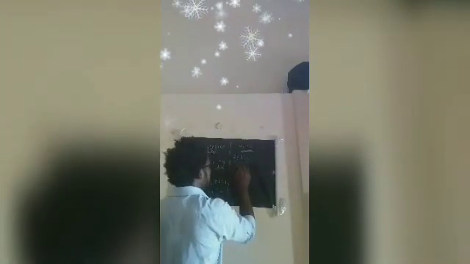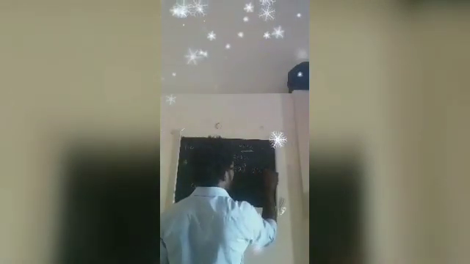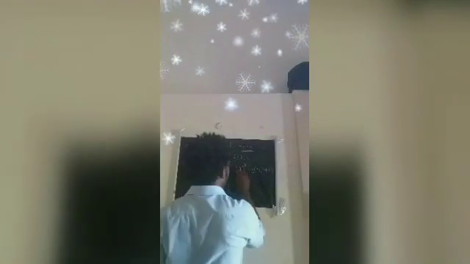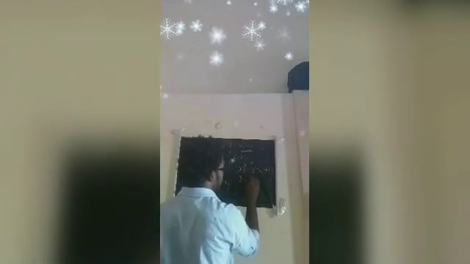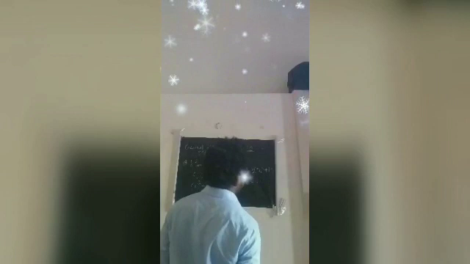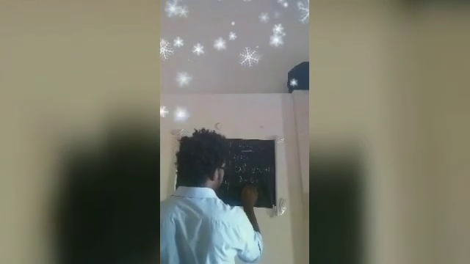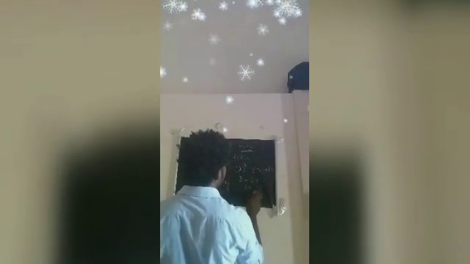Let us check. 2 to the power 3 minus 3 into 2 plus 1, which means 8 minus 6 plus 1. 8 minus 6 is 2, plus 1 is 3, which is greater than 0.